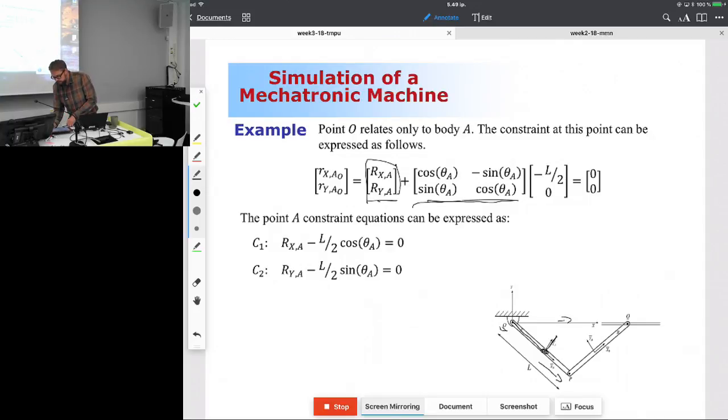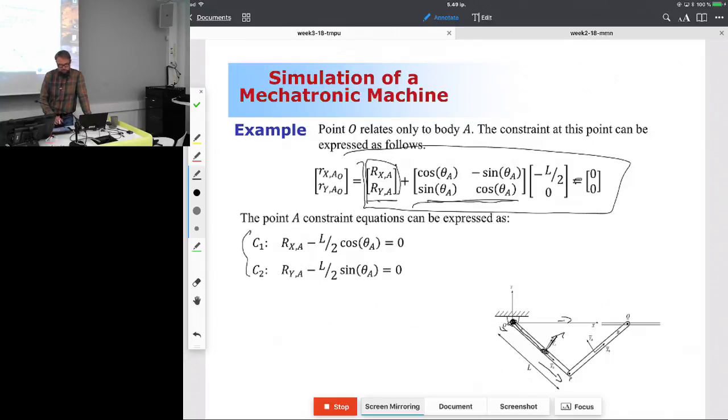Y direction, how much do I have to travel in this direction? 0. What's going to be my constraint? How can I say that this point O has to stay at the origin of the global coordinate system no matter what? It goes in such a way that I say that this equation has to be equal to 0, 0. Make sense? Okay, good. That gives me two constraint equations, 1 and 2.